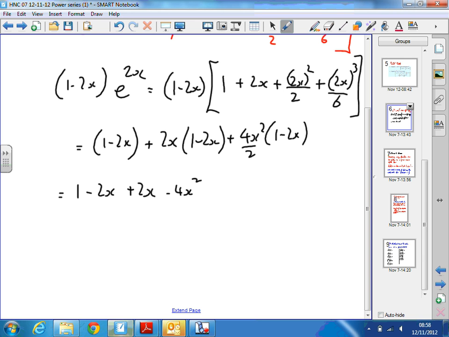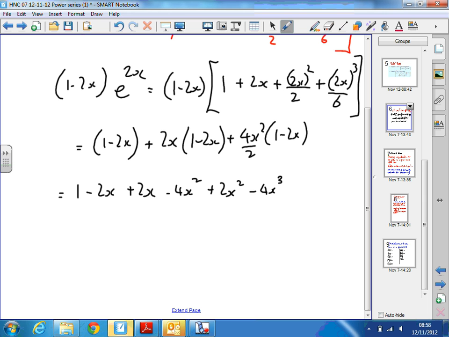So that's that one sorted out. 4x squared over 2. Well, 4 over 2 cancels down to what? 2. So this is like 2x squared. 2x squared times 1 is 2x, so that's plus 2x squared. Minus 2x times 2x squared is minus 4x cubed. That term, isn't it?